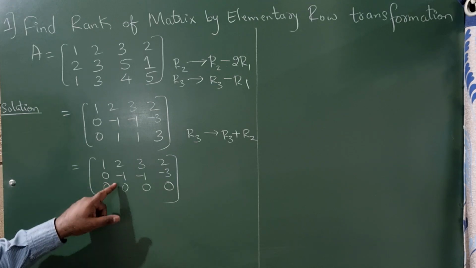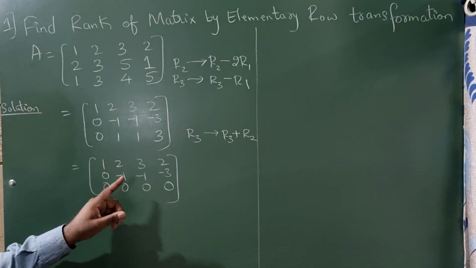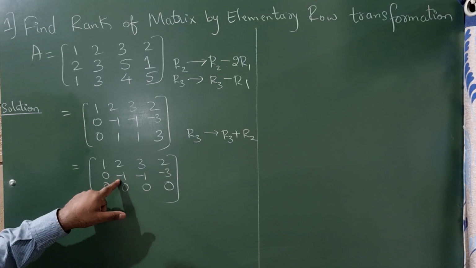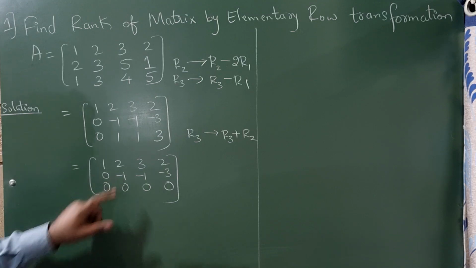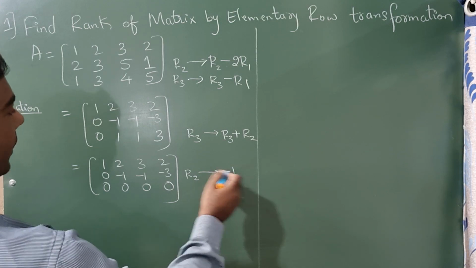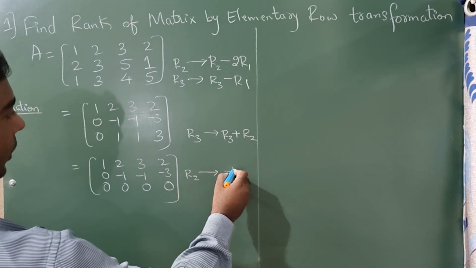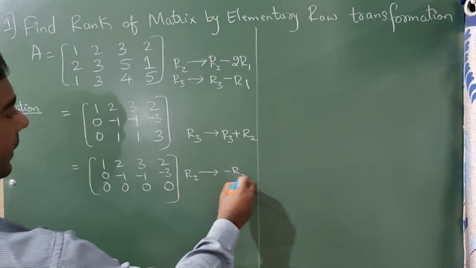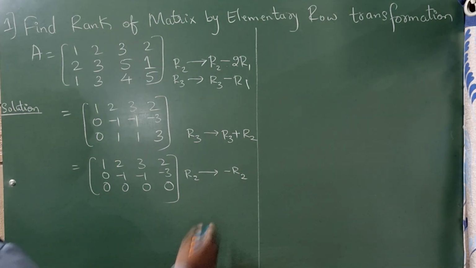Fine. So as per the definition, the first entry should be 1, but there is a minus 1 here. So this is R2. I have to multiply this by minus 1.